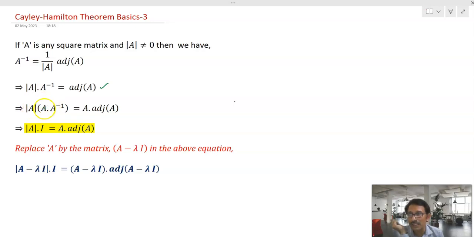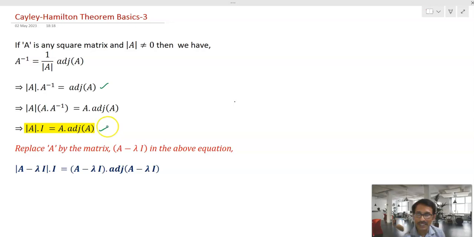Therefore, I can directly multiply A inverse with this A. Similarly, here A dot adjoint A. Please understand that adjoint A is again a matrix. So what I did is, I pre-multiplied the above equation with the matrix A. And you know that A dot A inverse is I. So, det A times the identity matrix is equal to the right hand side as it is.